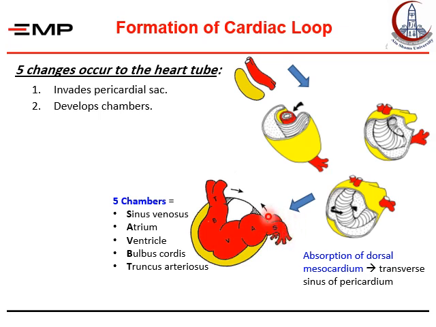The first one is sinus venosus. The second one is common atrium, one single atrium, followed by single ventricle. This is followed by a bulbus cordis, and this is followed by a truncus arteriosus.